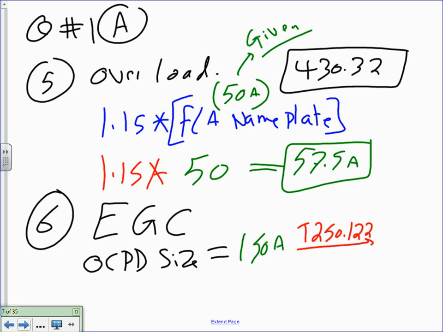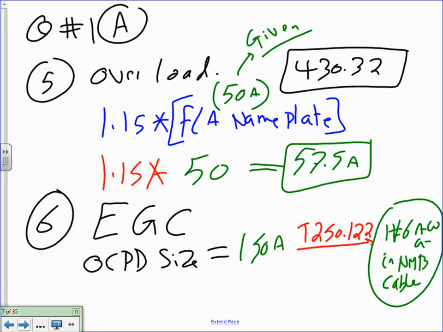Can anybody tell me what the answer is? One conductor, number 6 AWG, in NM-B cable. We're not alone here, we're in a cable. Do I see a second?